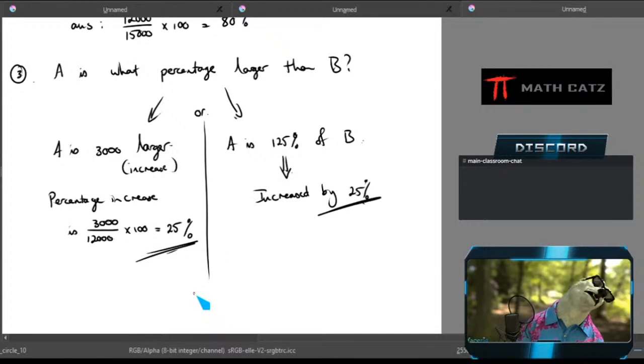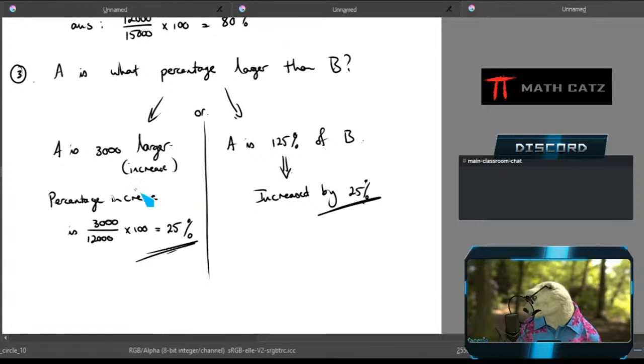Sometimes I have the luxury of choosing which way I want to go, focus on the change amount, and then make that a percentage, or focus on the percentage and then get the percentage change from that, because it's all relative, an adjustment from the base 100. Sometimes, honestly, I don't have a choice, and the more questions we'll do, the more we'll see the variations that you might encounter.